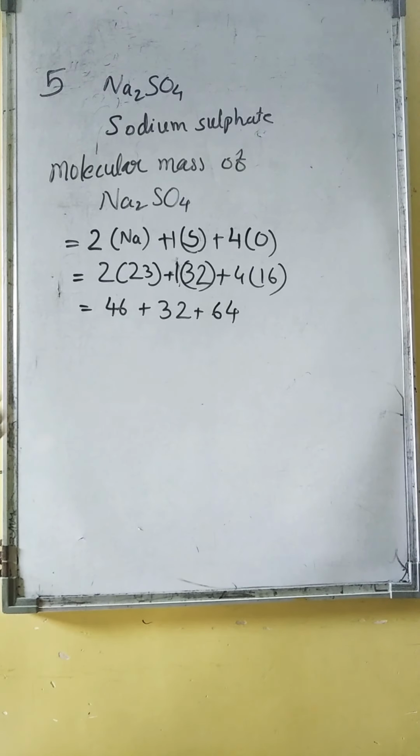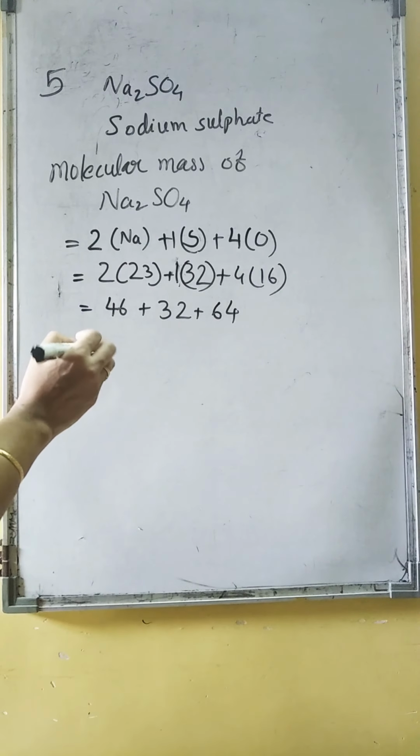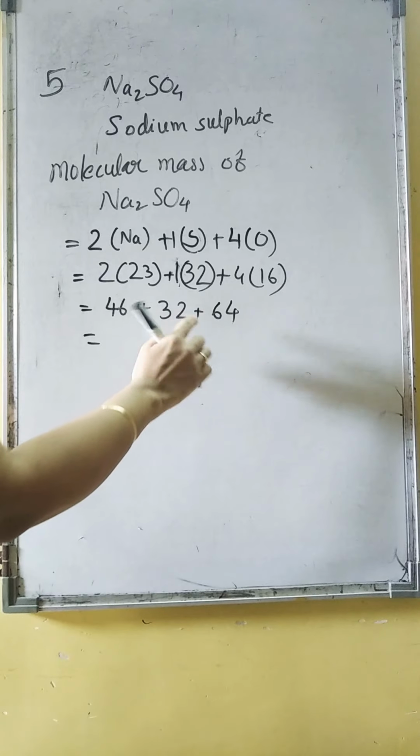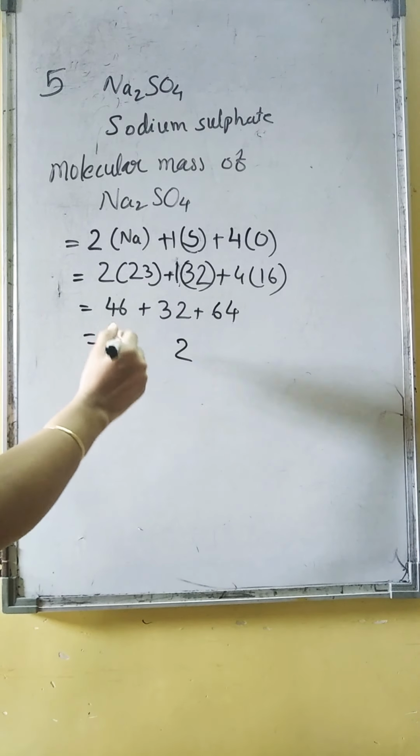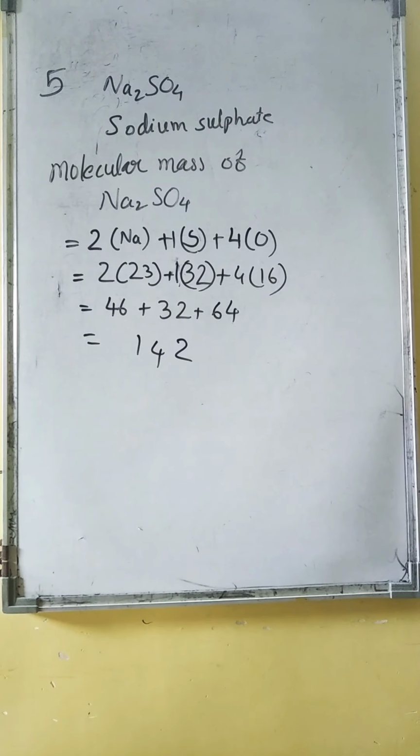So now final answer, add up and tell me. 6 plus 4, 10 plus 2, 12, carry 1. 6 plus 3, 9 plus 1, 10 and plus 4, 14. So 142 Dalton is the molecular mass. So like that we are going to do all of them, children.